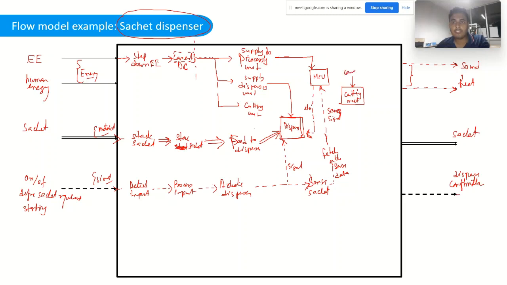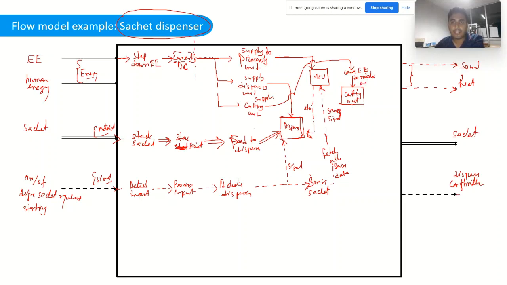converter of electrical energy to rotational energy. And you will supply it to the cutting mechanism. So the supply comes first to the conversion unit, where electrical energy is converted into rotational energy, and then it cuts.